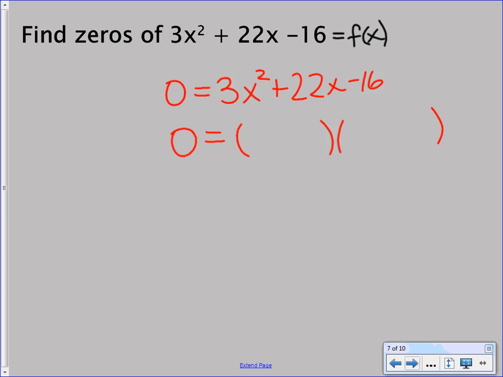To get a 3x squared, what am I going to need here and here? These two need to multiply to make 3x squared. So we need a 3x and a 1x, right? Now we need something here and here to multiply to negative 16.